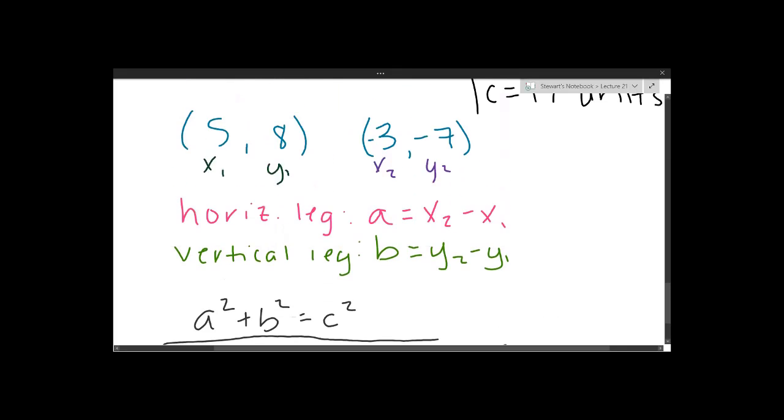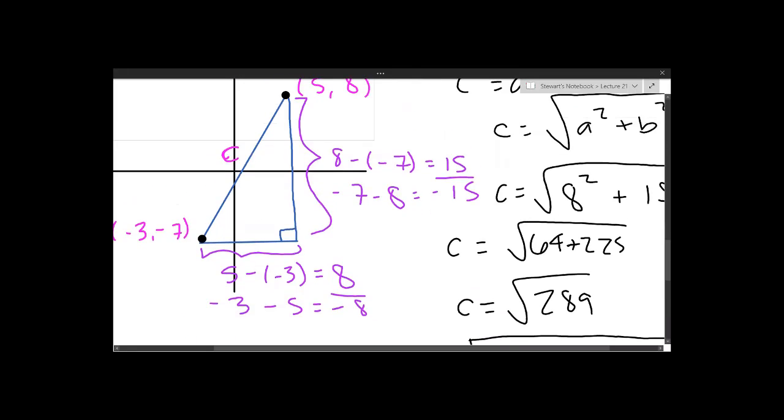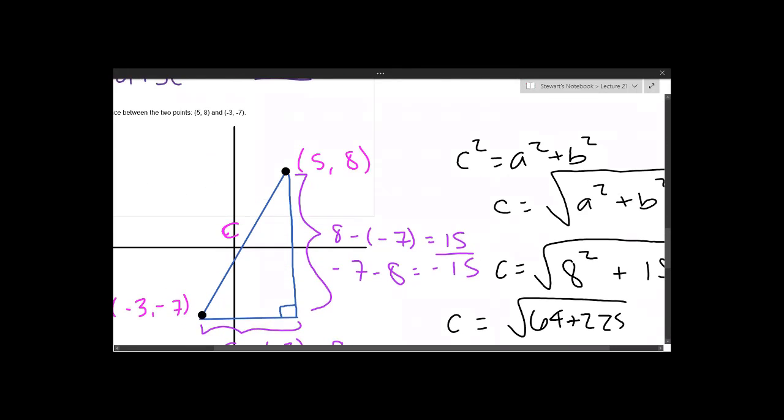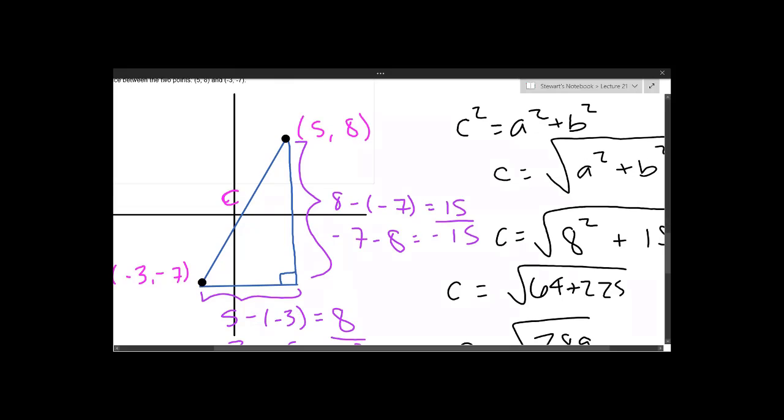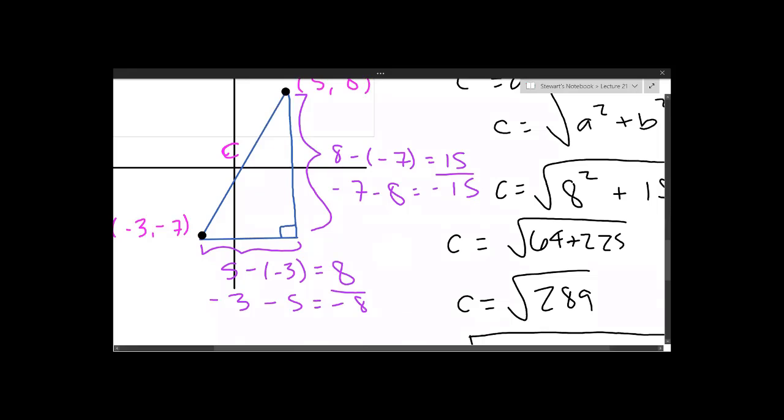This works for anything because you just do the same thing you did here. You'd plot the 2 points, notice that the distance between them is some kind of diagonal line, and then you can solve for the horizontal and vertical distances that separate the points. Those are the legs of the right triangle.